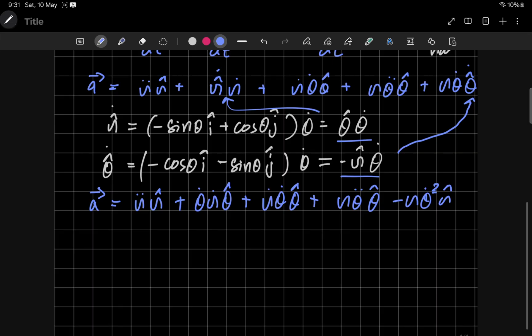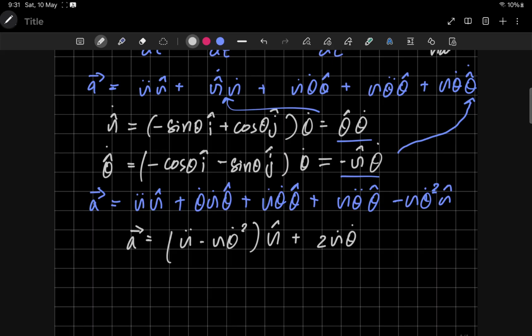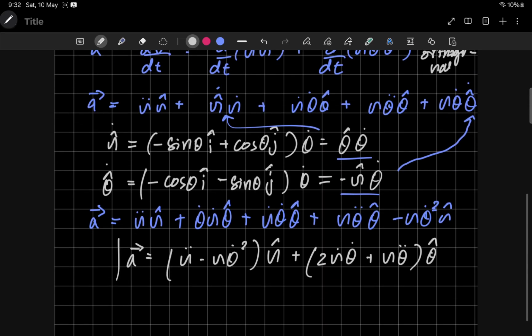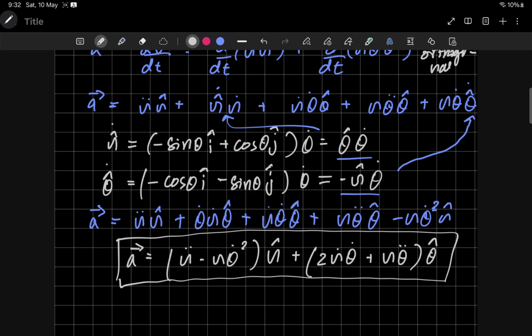Your final result comes from pairing up the terms: r double dot minus r theta dot squared times r cap, plus 2 r dot theta dot plus r theta double dot times theta cap. This is your acceleration in polar coordinates.